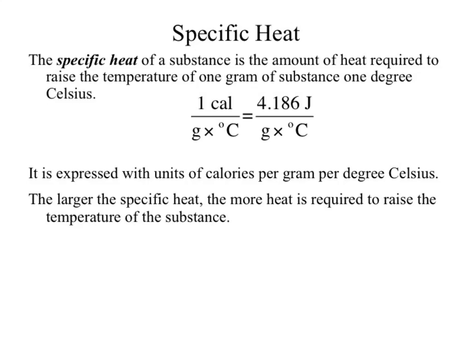What if I give you the mass and the temperature and the specific heat? What would I be asking for? So I give you the specific heat, 4.18 joules per gram degree Celsius. And then I give you 5 grams, and I say that the temperature changed by 10 degrees Celsius.